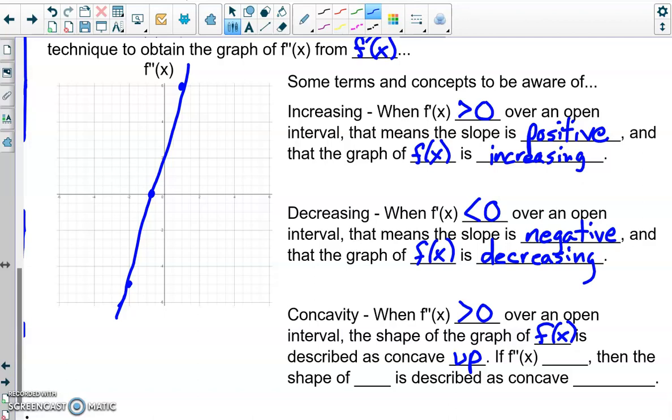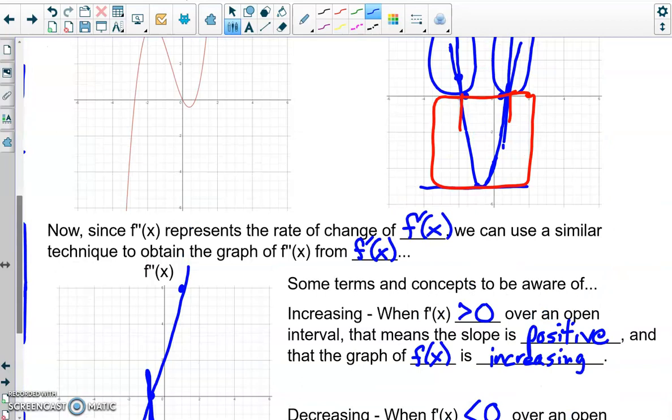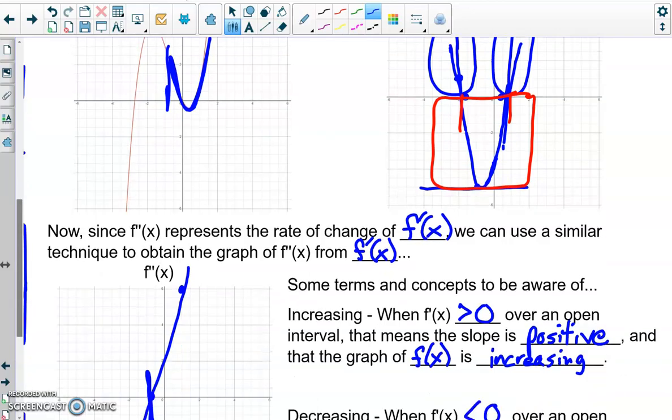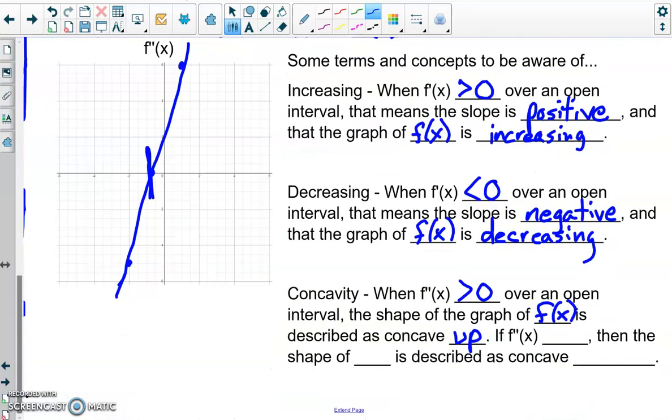And notice in this f double prime, looks like we were positive starting from about right here on the x all the way over. And if we go up to our original graph, at roughly that same x, notice that our shape is cupped up, concave up. And then similarly, if f double prime is less than 0, then the shape of f of x is described as concave down.